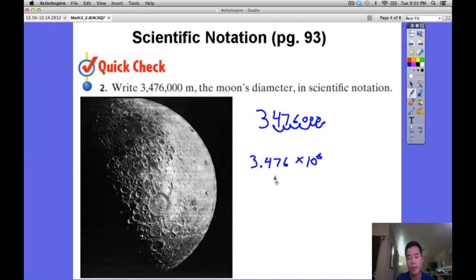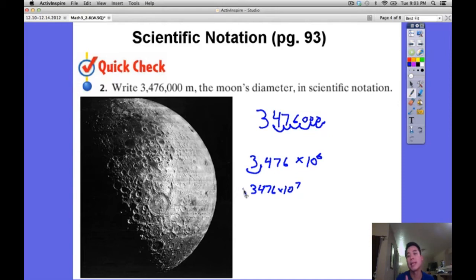What I meant earlier is that the significant figure right here, the ones place, has to be between 1 and 9. If I got something like 3.3476 times 10 to the 7th, that wouldn't work, because I need a number right here, and that number designates the ones place.